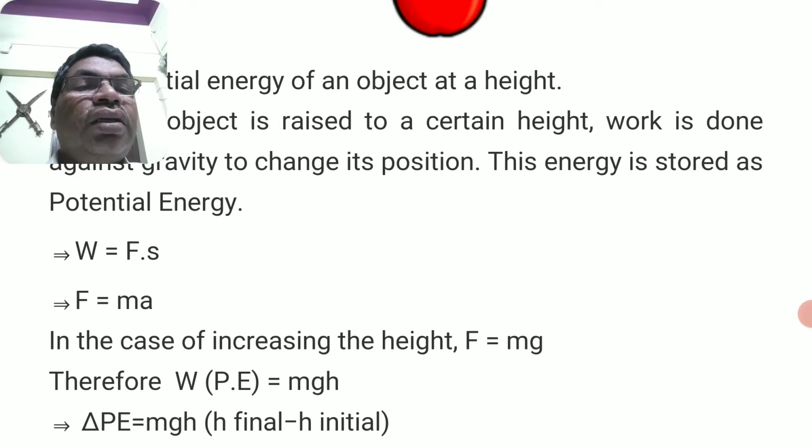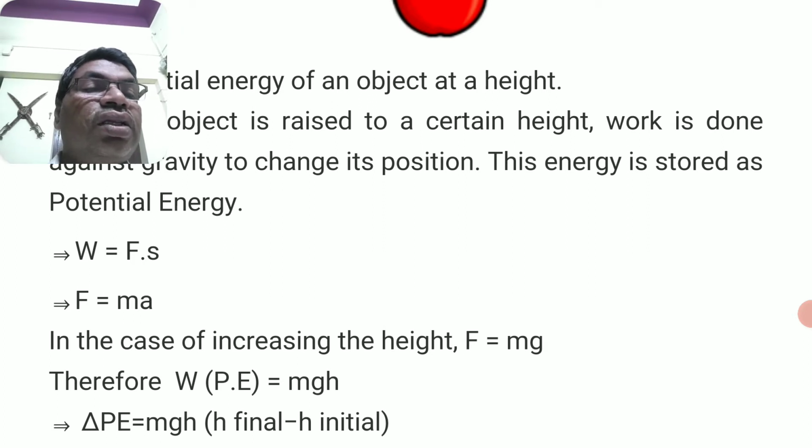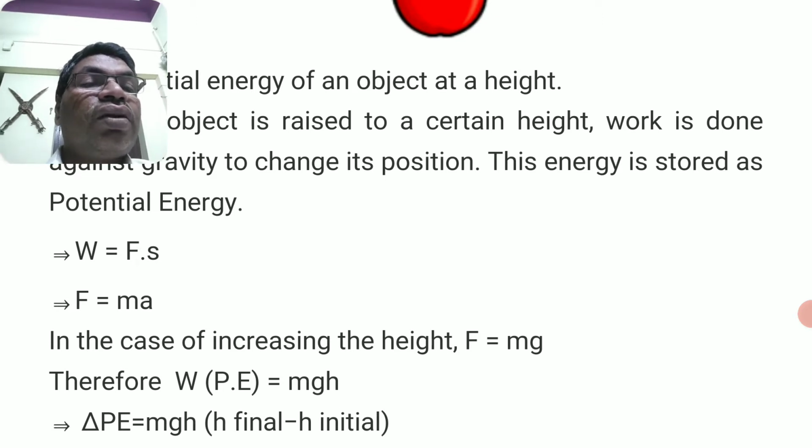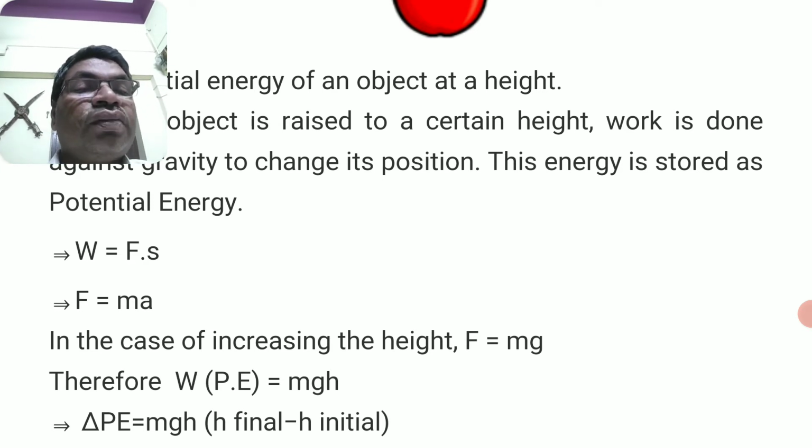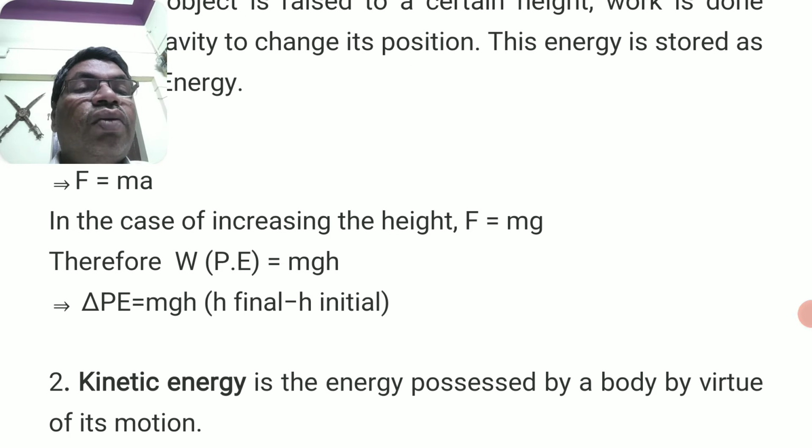Instead of ma, force is equal to mass into acceleration. Mass is constant anywhere in this universe, so m remains as m. A changes to gravitational acceleration because when a body is at a certain height, it is under the action of gravitational force. Therefore, work done, that is potential energy, is equal to mass into acceleration due to gravity into height.